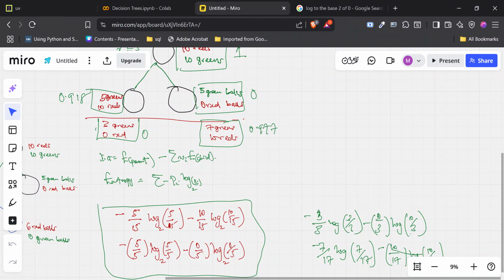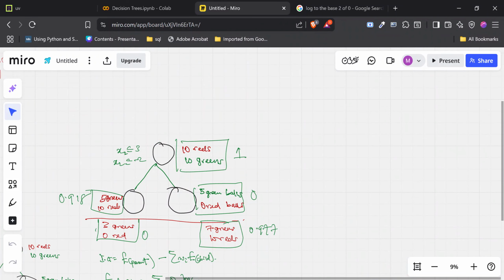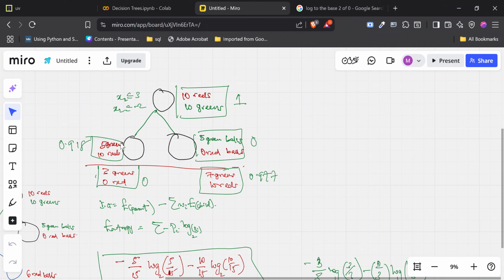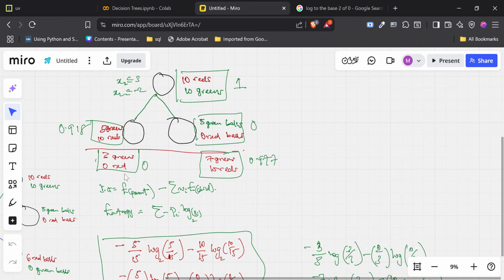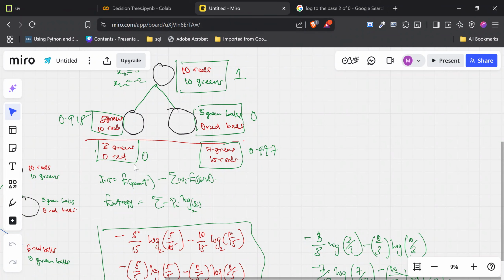Now that we have each of the entropies, don't forget, if you are still following, this 0.918 and 0 are the two entropies for x2, for that particular split of x2 less than or equals to 3, and the second one is the entropy for x2 less than or equals to -2, which is this one here.